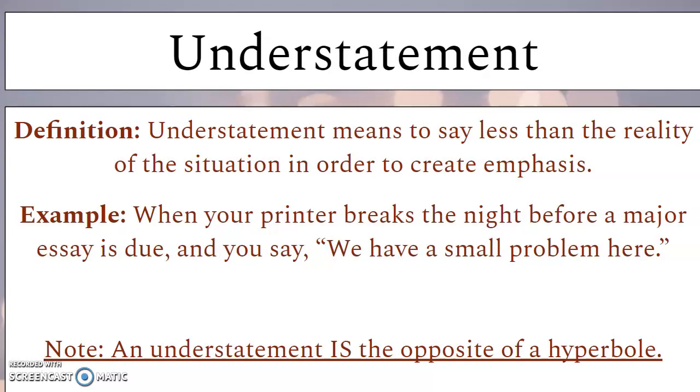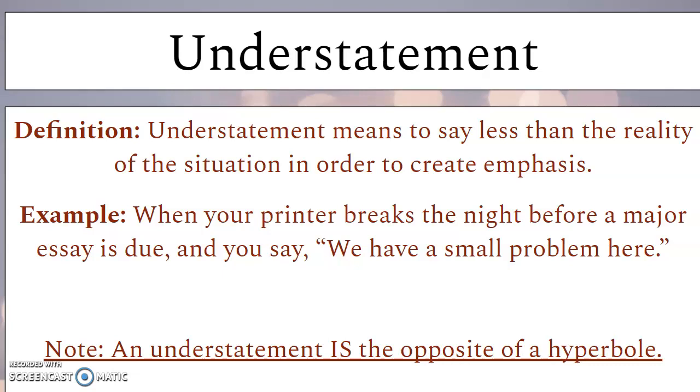And then you have an understatement, which is actually the opposite of a hyperbole. So that note down there at the bottom says, note, an understatement is the opposite of a hyperbole. So that's something important to keep in mind. But the definition is an understatement means to say less than the reality of the situation in order to create emphasis.